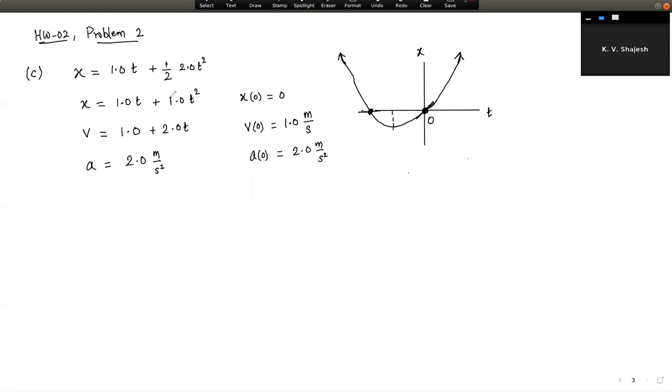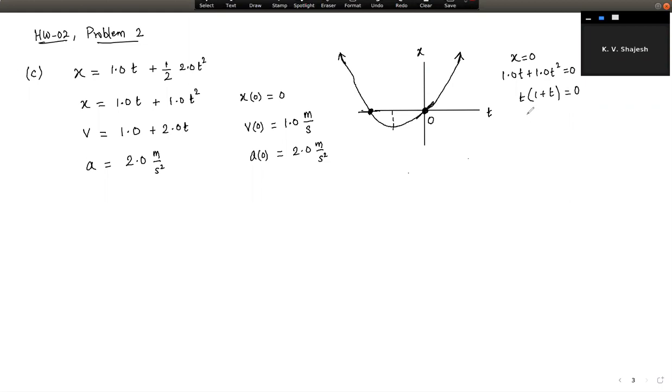Just set x equal to 0. So setting x equal to 0, we learn that 1.0 t plus 1.0 t square has to be equal to 0, because position was given by that. Let's stop writing 1.0. So we have t times (1 plus t), right? That's equal to 0, because the first one is t and then t square.